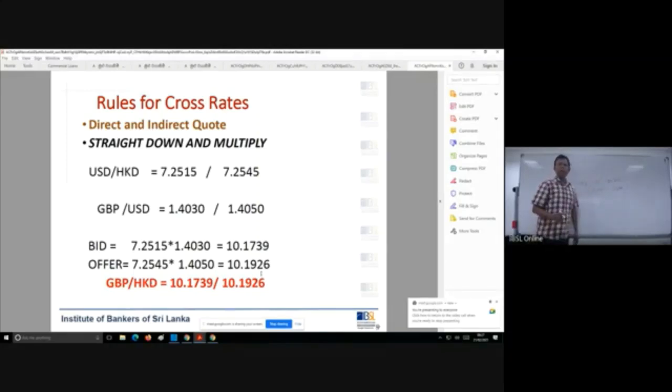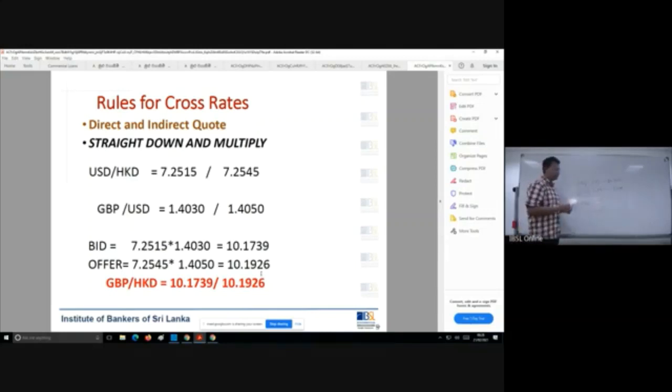So when you have been given direct and indirect quotes, to arrive at the answer, see what is the common currency here. This is common. So basically we can derive either GBP LKR, or LKR GBP. Those are the things we can arrive at.